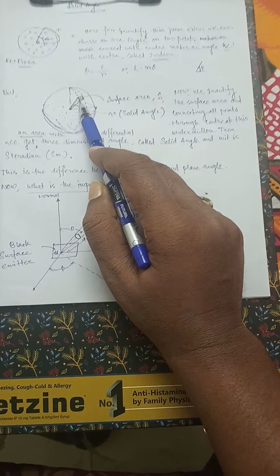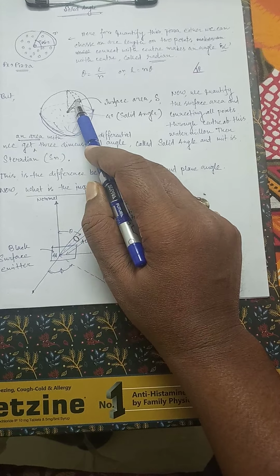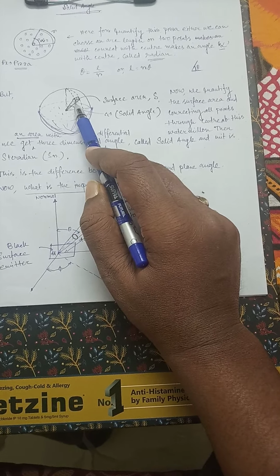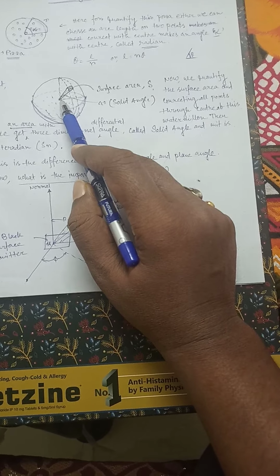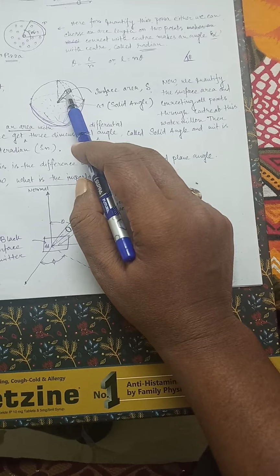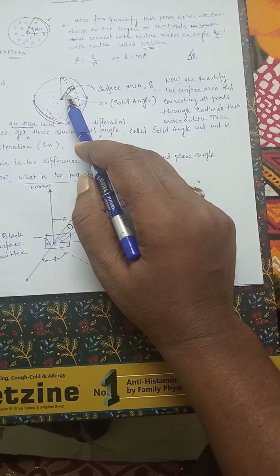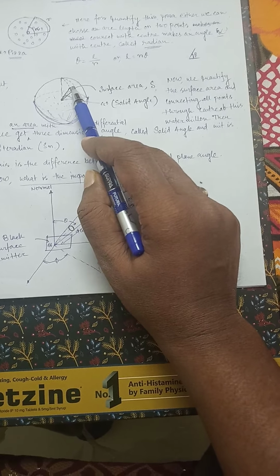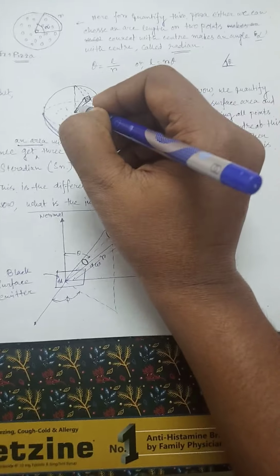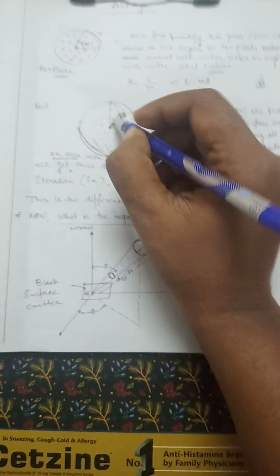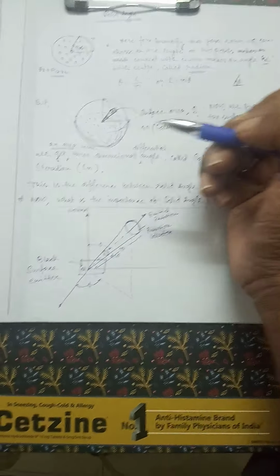When all the points are connected with the center, we get a three-dimensional differential angle with respect to this area. These types of shapes make an angle like this, and this is called the solid angle. Basically it's a three-dimensional angle.